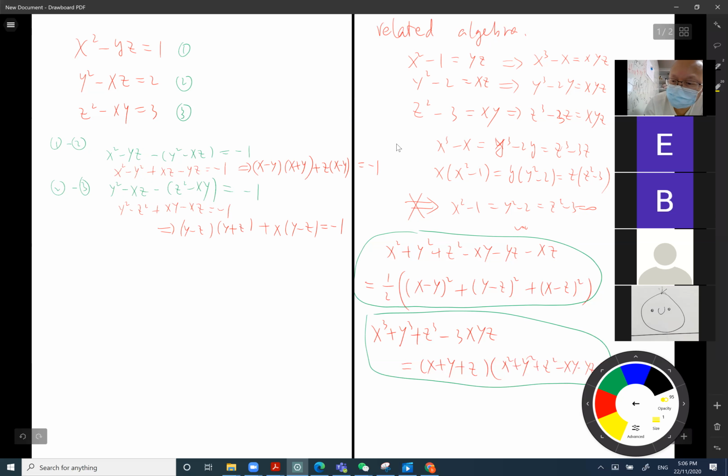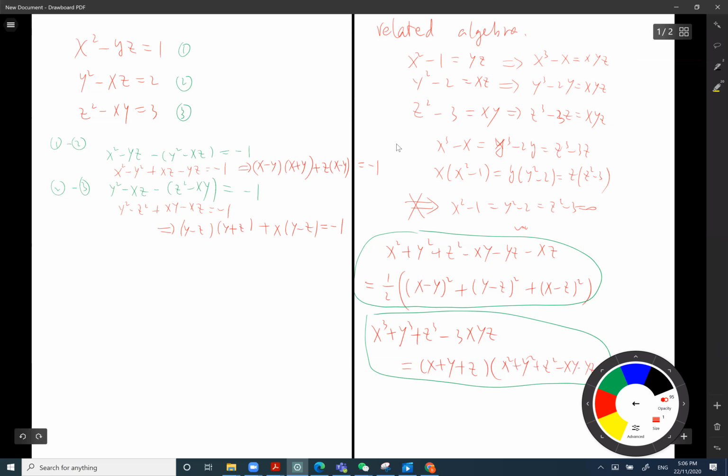Both equations we can factorize further on. Like (x minus y)(x plus y plus z) equals -1. (y minus z)(x plus y plus z) equals -1.